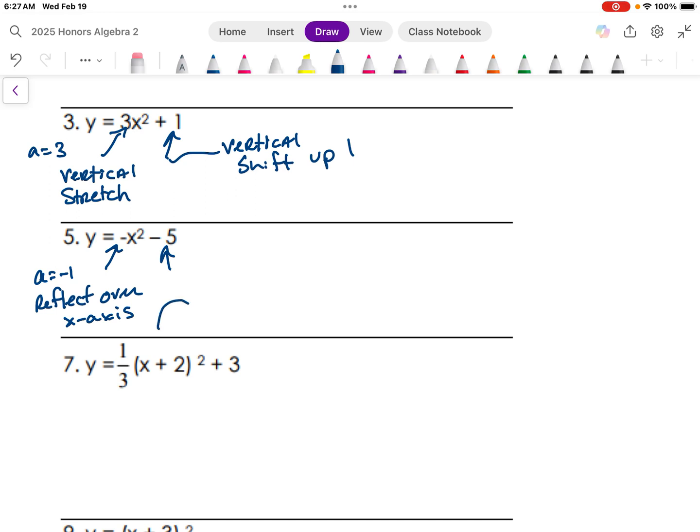So my picture will open down is what it'll look like on a calculator. On the last part here, the minus 5 again is after the squared, so that means it's in the back of the problem. So that tells me I have a vertical shift down of 5.